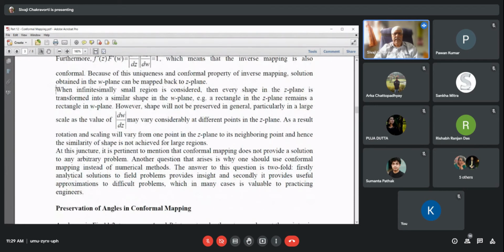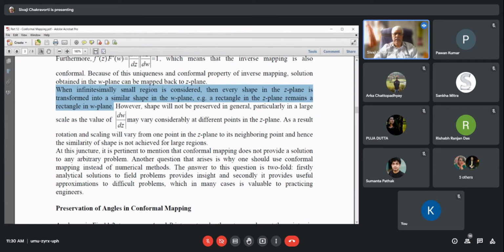Interestingly, so far we were only considering one curve or one line, but in our electrical field theory, we'll have shapes like electrodes and boundaries. So if this shape is infinitesimally small, and that small region in the z plane is transformed to the w plane, it remains the same.